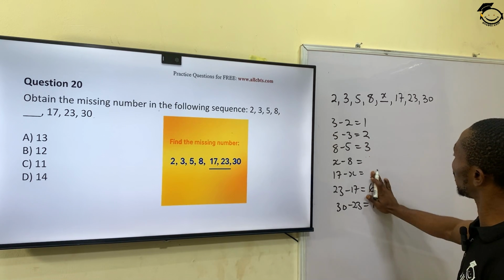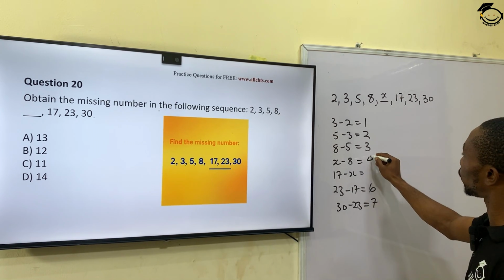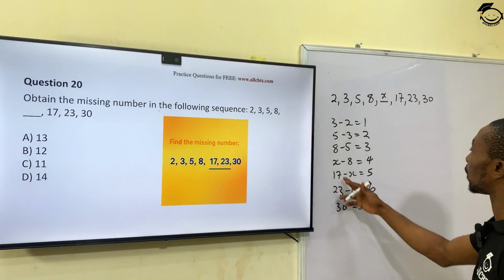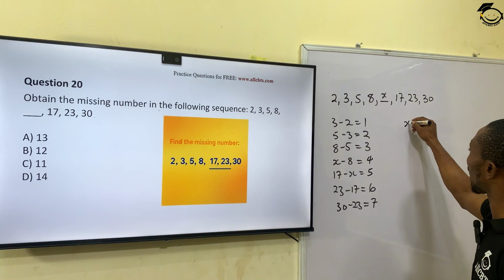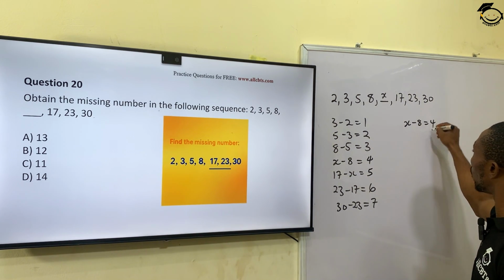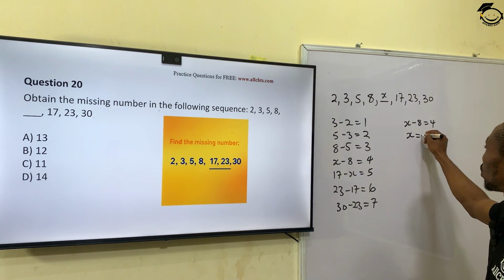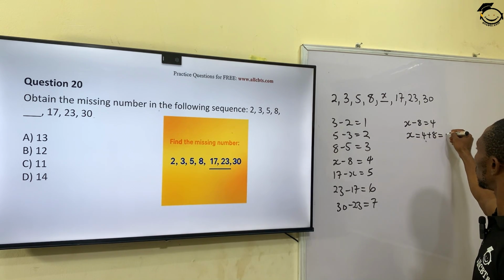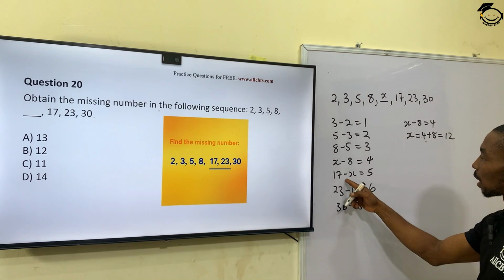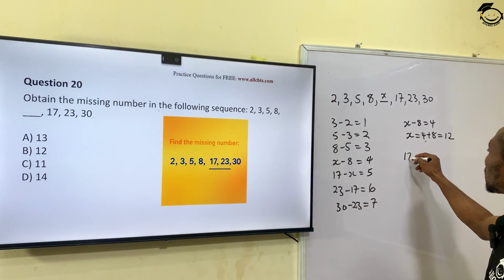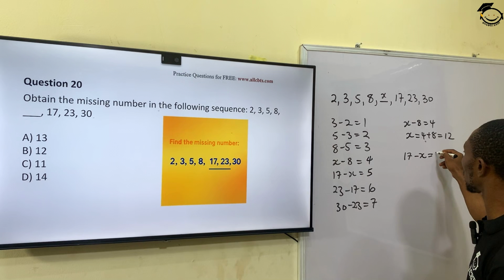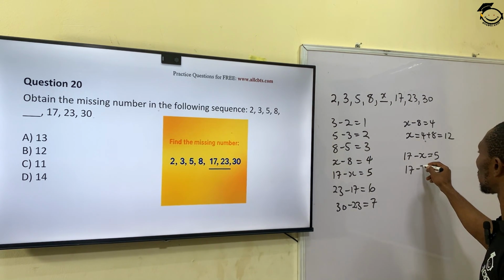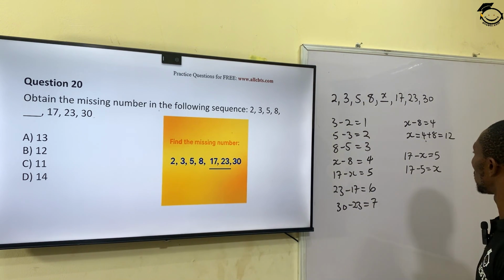So if we have this, filling up this as 4 and 5, we can now find our missing value. If we have x minus 8 equals 4, that means x equals 4 plus 8, which is 12. Now let's look at this. If we have 17 minus x equals 5, this will become 17 minus 5 equals x.